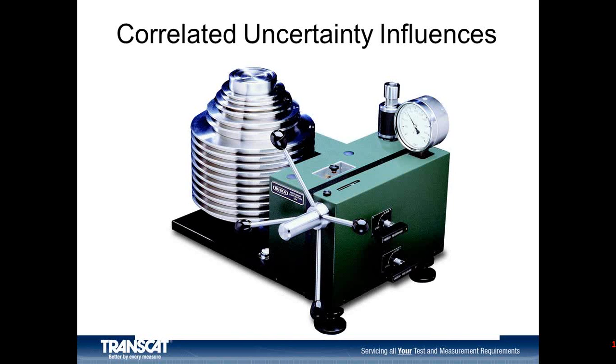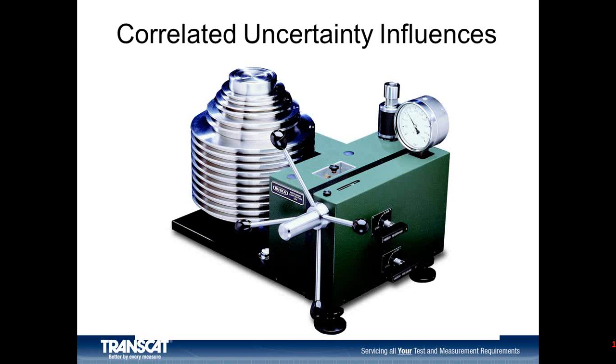Let's look at a picture of a deadweight tester. You can see the weights, the disc-shaped platters stacked on there, and the smaller pieces at the top, and maybe 8 or 10 larger platters at the bottom, all nominally the same. In this case, they happen to be about 5 kilos each. Since they are the same denomination, it is probable that they were each calibrated using the same 5-kilogram standard.